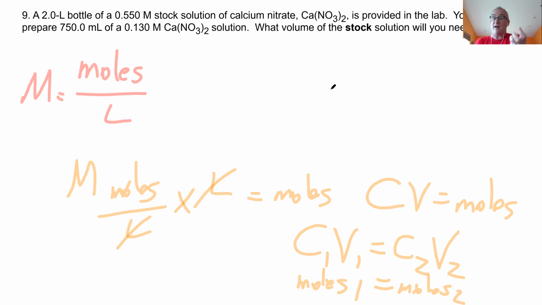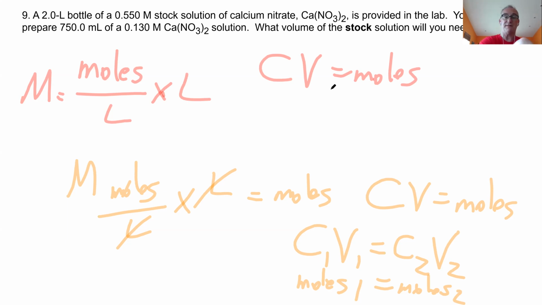So if we want to figure out how many moles we have, we just multiply the moles per liter times liters. That's the volume. So basically we're taking the concentration and multiplying it by the volume and getting moles. But remember, the concentration is in moles per liter, so we'll need to multiply that by liters in order for those things to cancel and be left with moles.